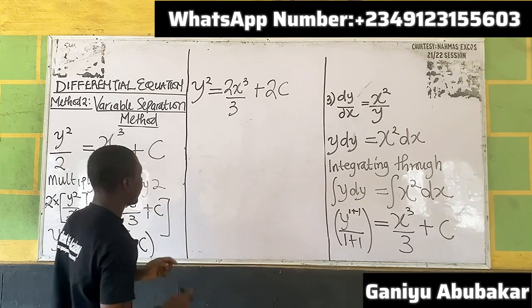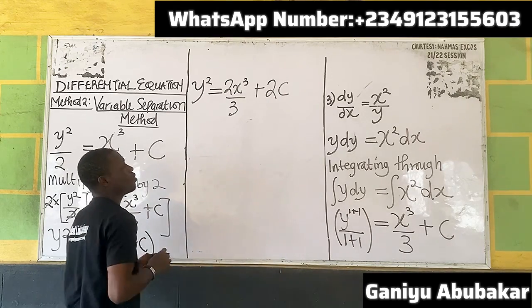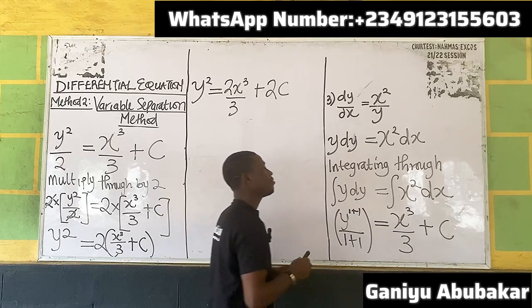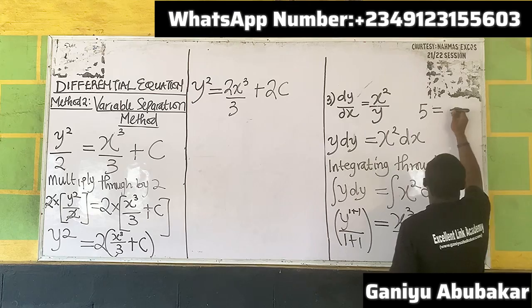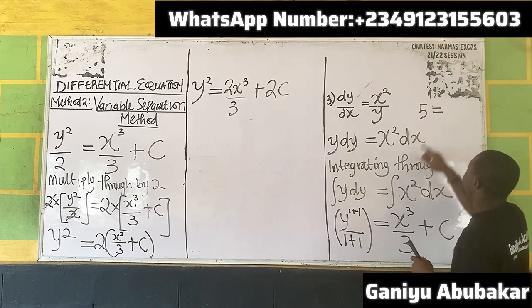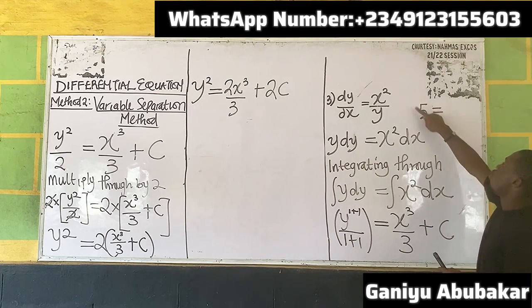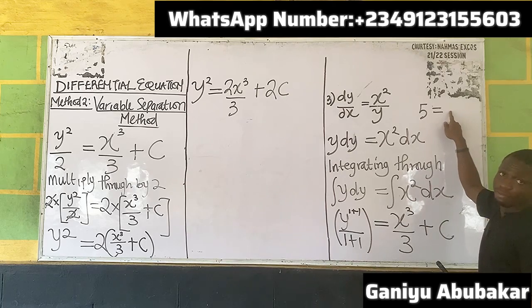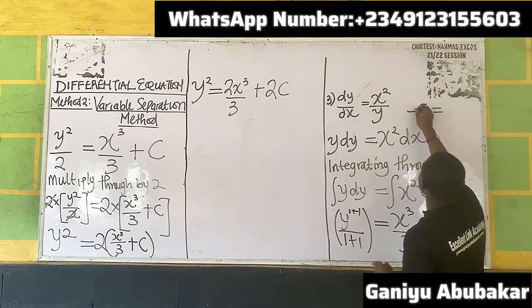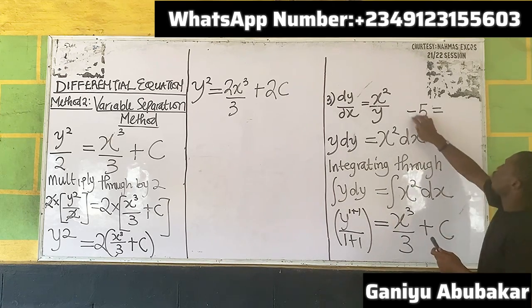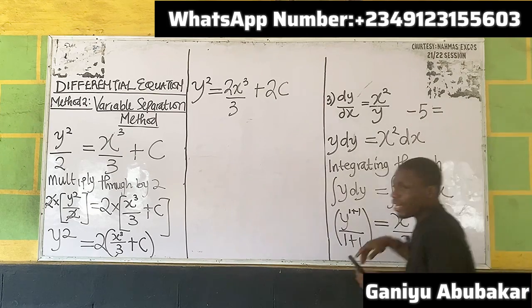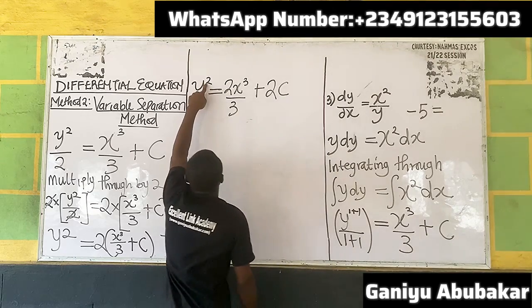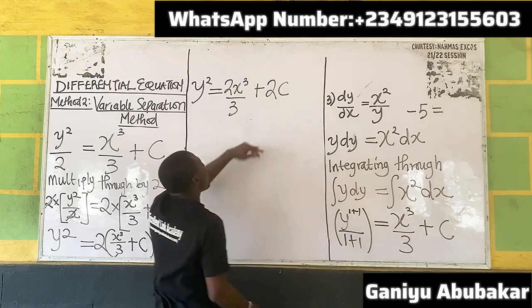What we know is that if I have 5 on one side and it crosses the equality sign, it becomes negative 5. If I have minus 5, crossing the equality sign gives you a plus 5. Similarly, a square crossing to the other side gives you a square root.